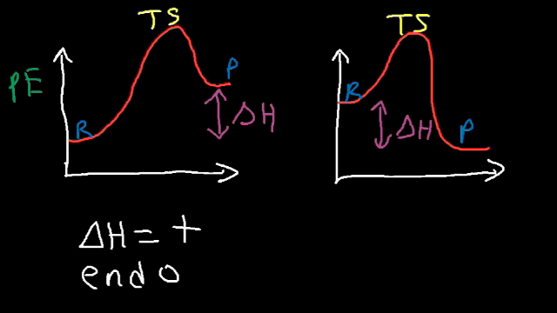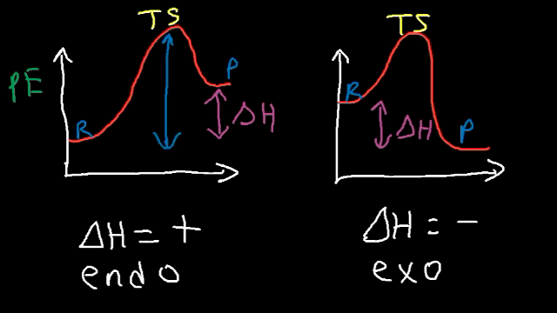Now, as you go from reactants to products, you have to go down. And so therefore, delta H is negative. Because the products are lower in energy than the reactants, energy was released. And whenever heat energy is released, it's an exothermic reaction. Now, what is the activation energy in this reaction? The activation energy is the difference between the energy of the transition state and the energy of the reactants.